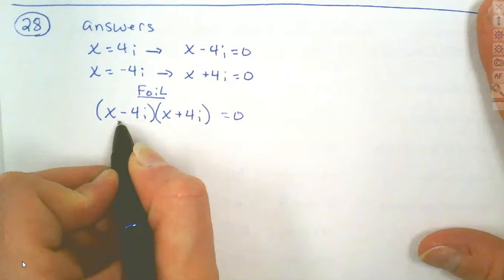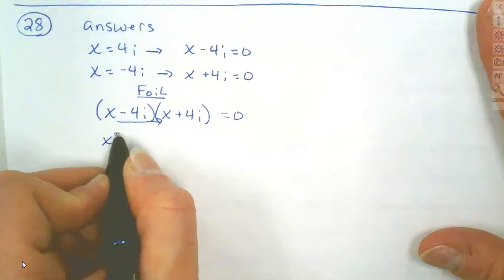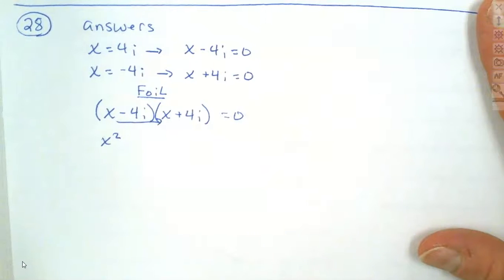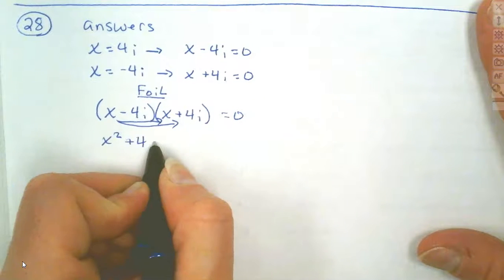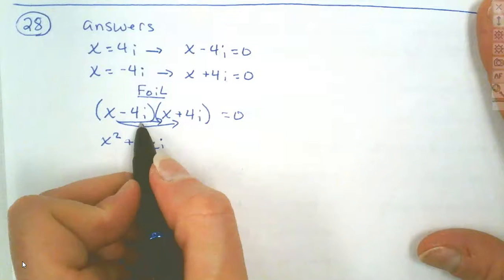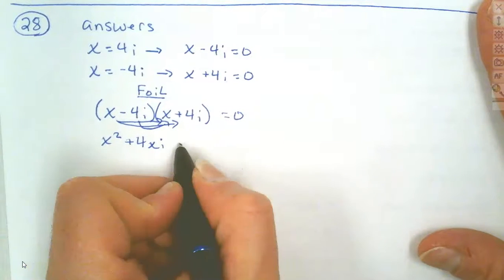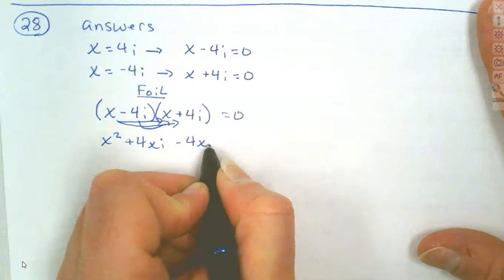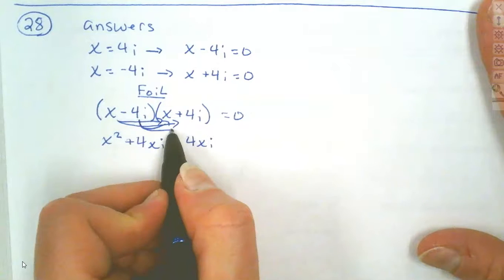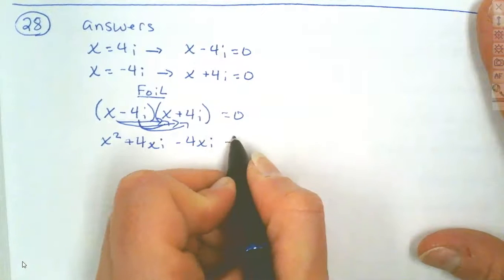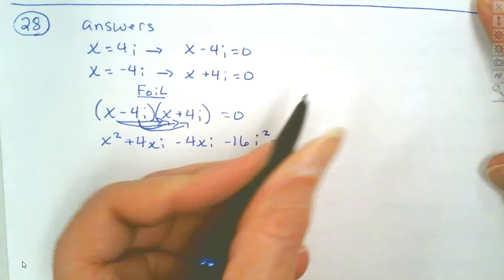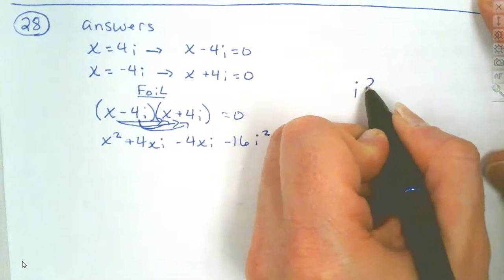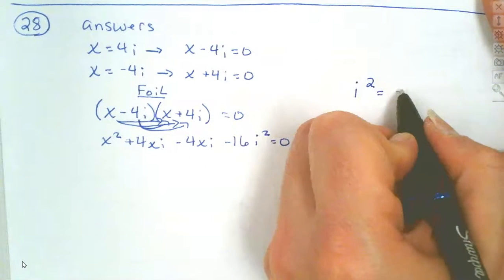So if I FOIL this out, what do I get? I get x times x, that's an x squared. Outside times outside, that's a 4xi. Inside and inside, well, that's a minus 4xi. And last times last is a minus 16i squared. Does anyone remember what i squared is? Yep, negative 1.